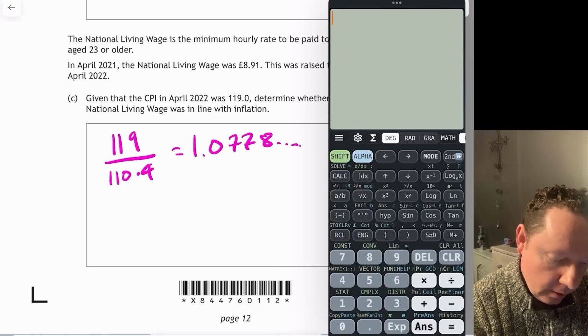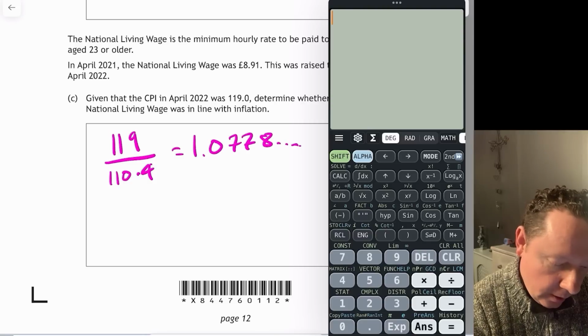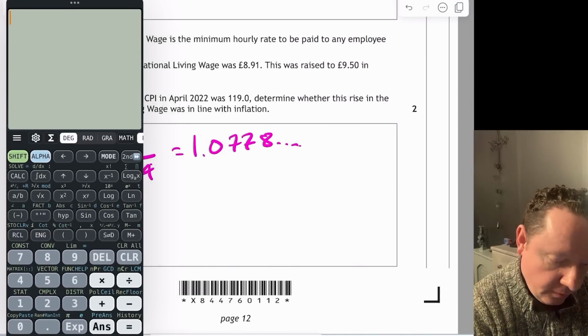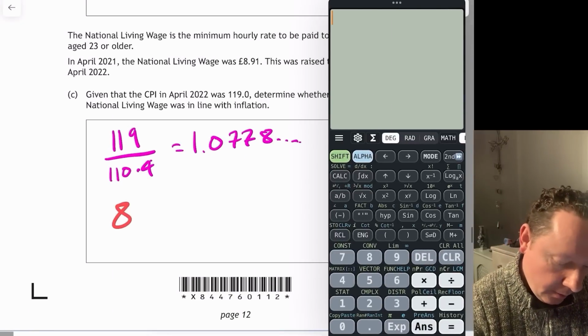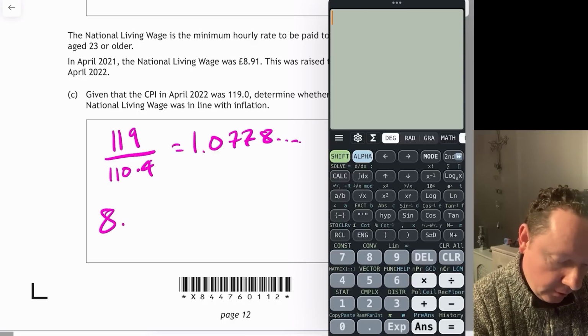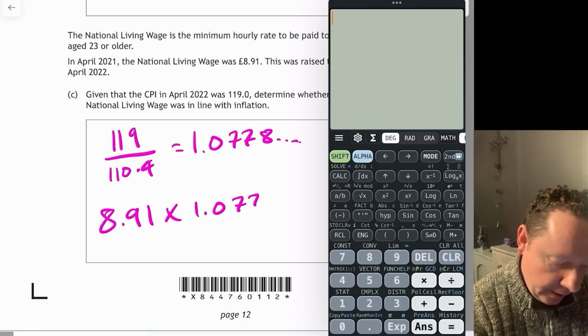So the national living wage was £8.91 and it's been raised to £9.50. So you could compare the fractions, or you could just take £8.91 and calculate what it should be. So times 1.0778.